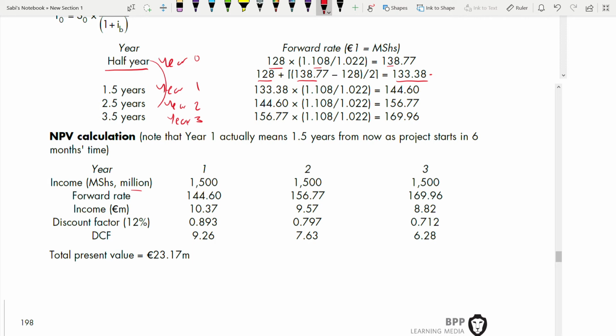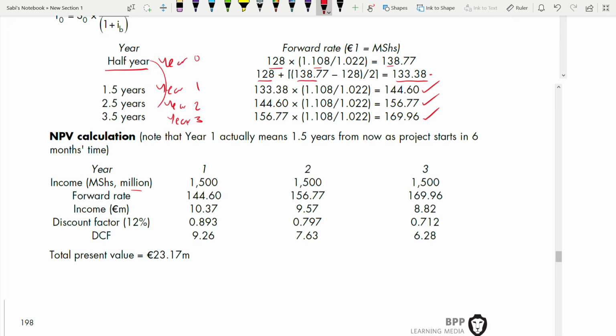For year 0, that means for half year, you don't need. So you are using this rate, this rate, this rate. Then you convert the income using the forward rate. That means 1500 divided by 144.6, you are getting the income 10.37 million.